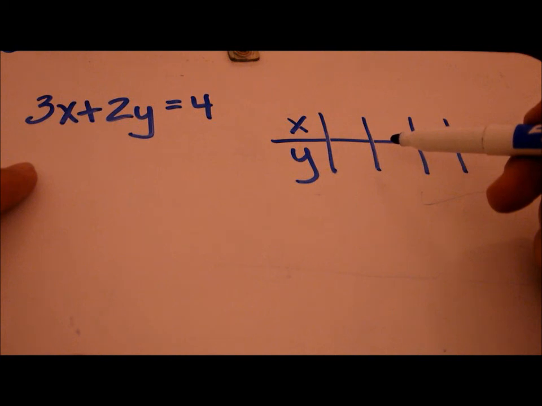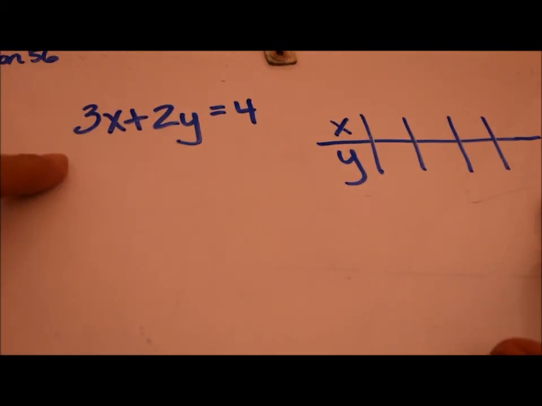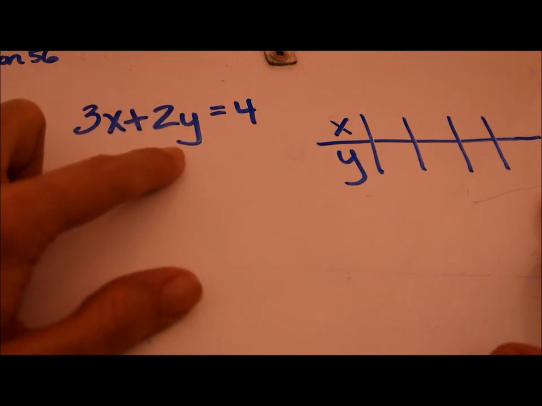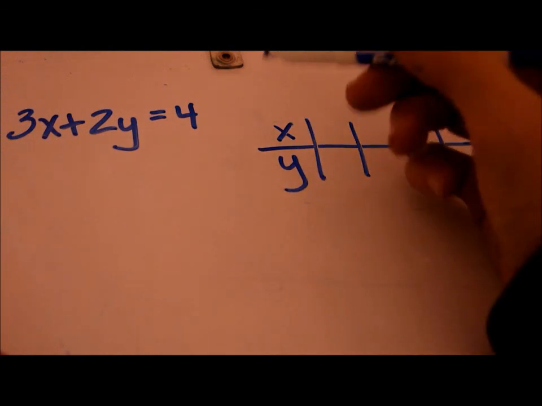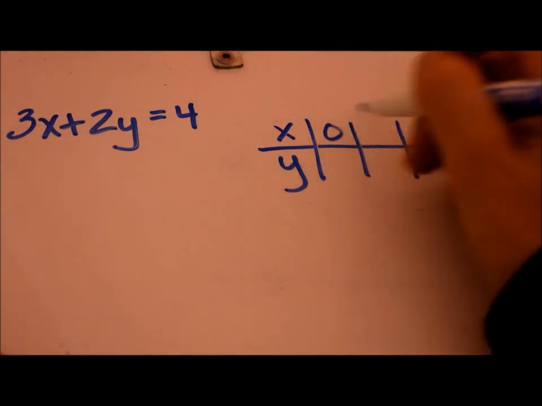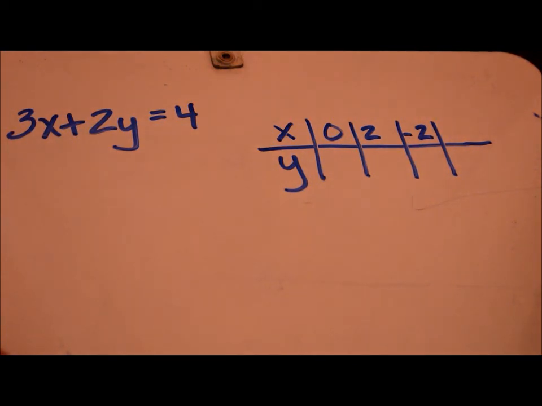However, first it would be good to isolate y by getting it by itself. The reason we want to do that is it'll be more convenient to make the table. Because again, remember how we did this? We were like, okay, how about 0, 2, and -2 are always good ones to try.